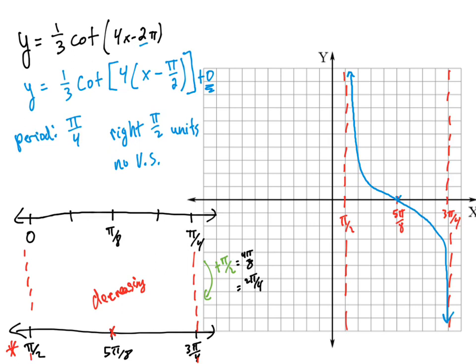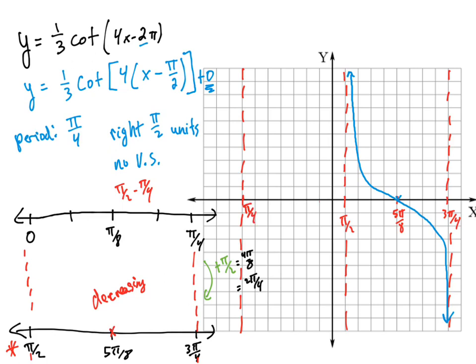And again, we could give a second period if I'm moving to the left. If I'm starting at pi over 2, I need to subtract pi over 4, because pi over 4 is this period length. So that's 2 pi over 4 minus pi over 4. Oh, this is kind of out of whack here. Well, pi over 2 minus pi over 4 is going to be pi over 4.